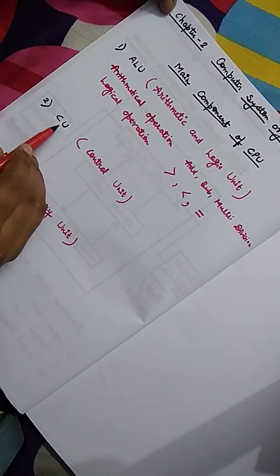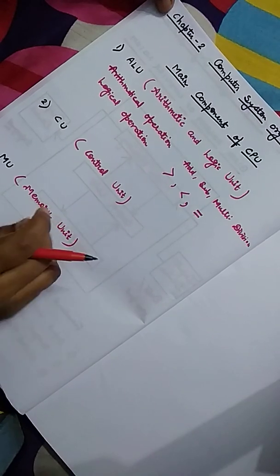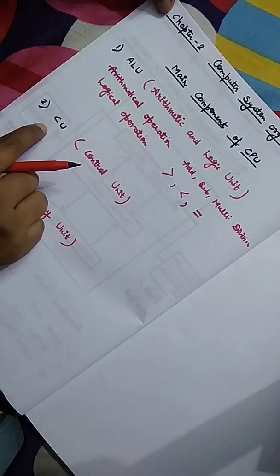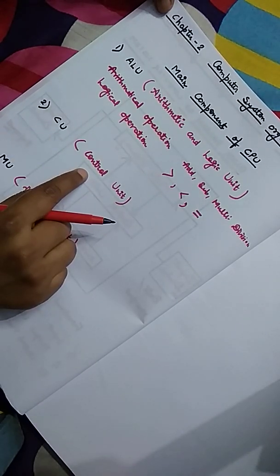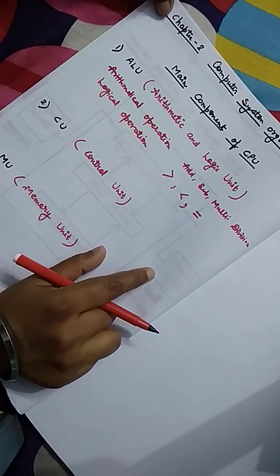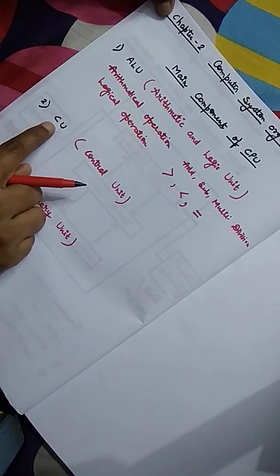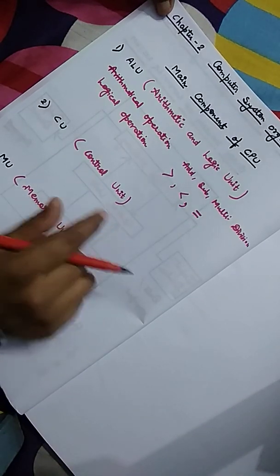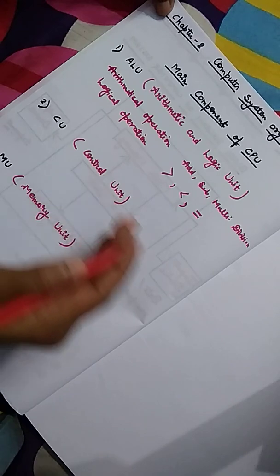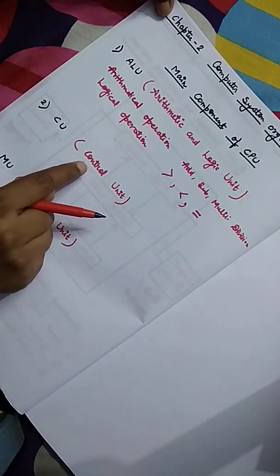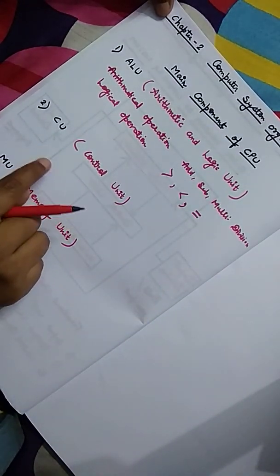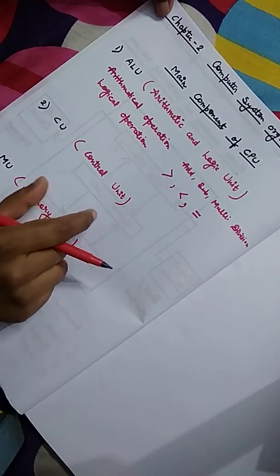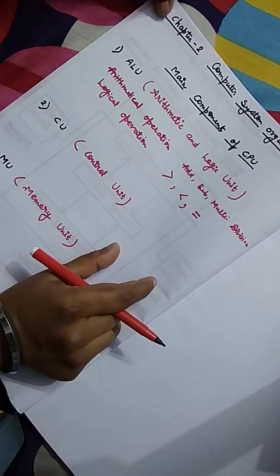Second, that is CU, control unit. According to the name, you know that this unit performs all the control operations in our computer system. Control unit controls every operation done from input device to output device, and it controls all the flow of data, how it is processed in the CPU, and then the user gets information.